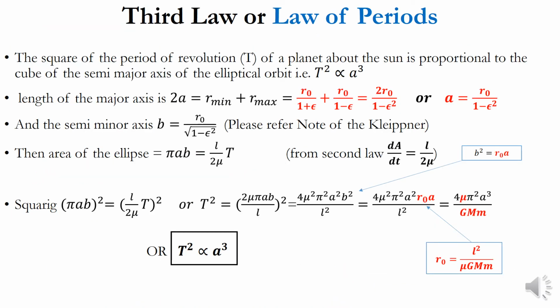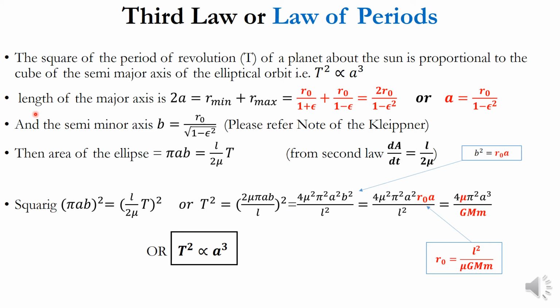Now the third law, or law of periods, states that the square of the period of revolution T of a planet about the Sun is proportional to the cube of the semi-major axis of the elliptical orbit. That is, T square is proportional to a cube.